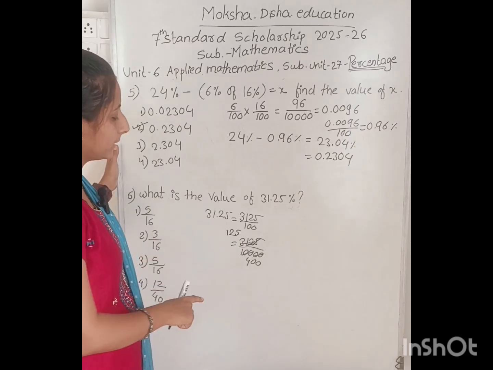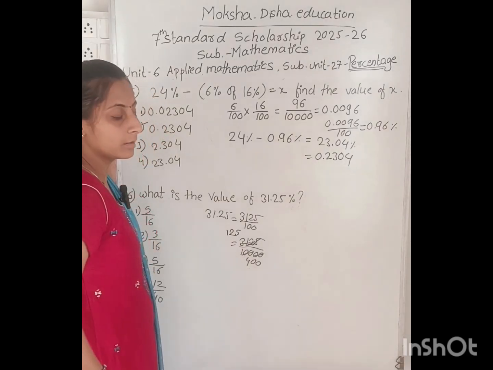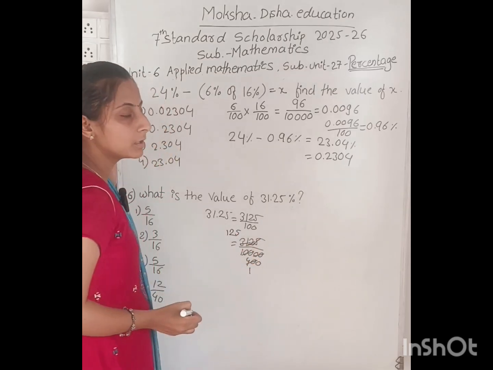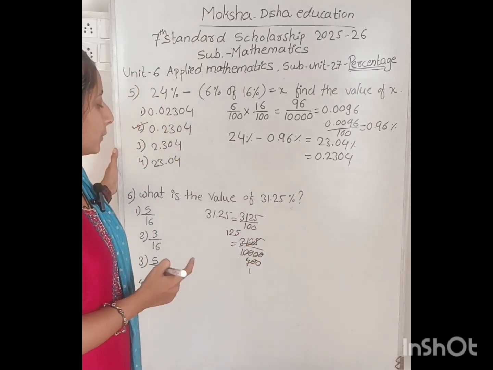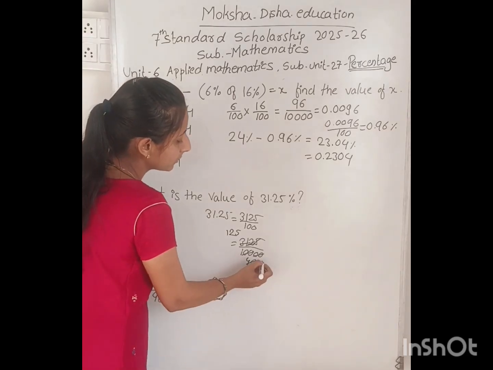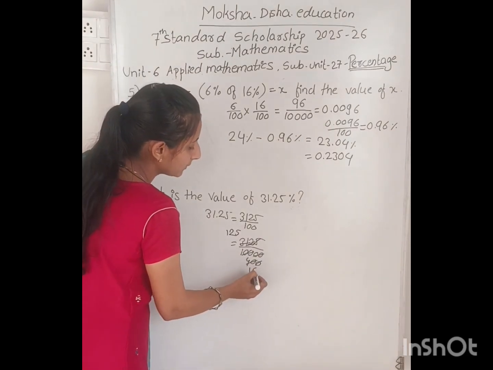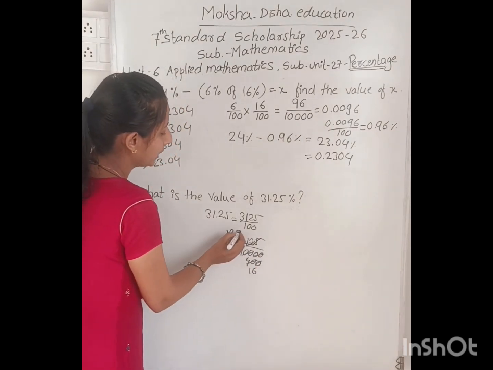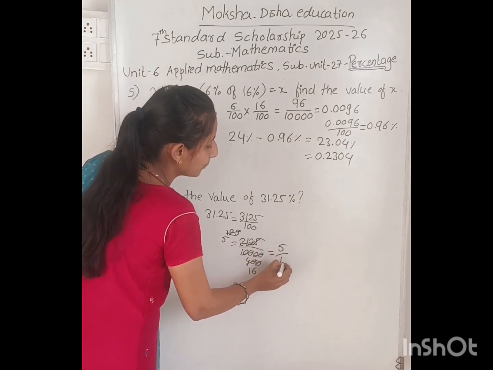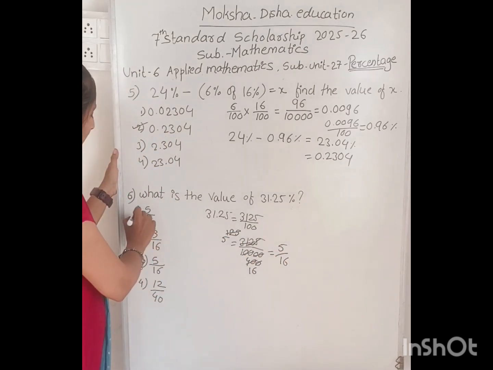Again we will divide this 125 and 400 by 25. 25 1s are 25. 40 minus 25 is 15 and this 0 means 150. 25 6s are 150 and 25 5s are 125. So the answer is 5 upon 16. Option number 1.